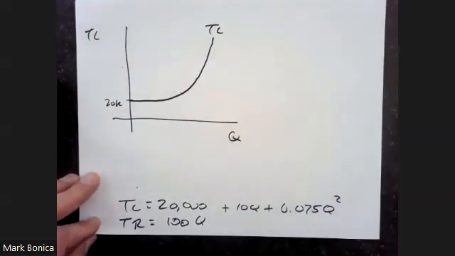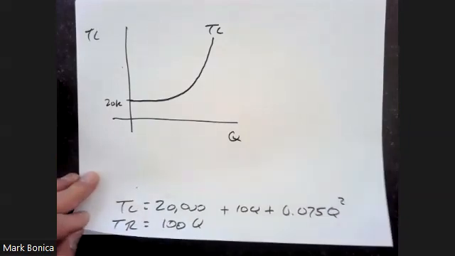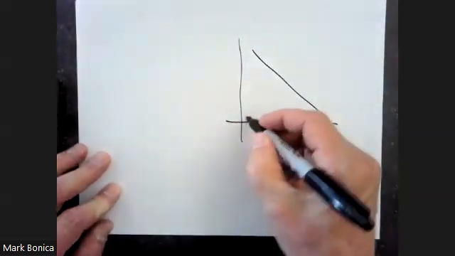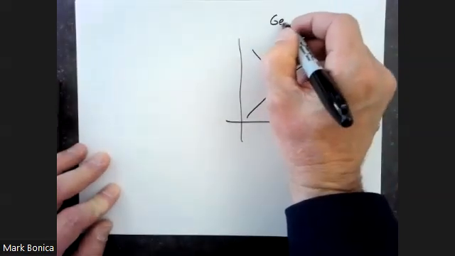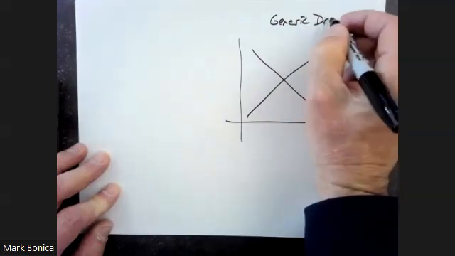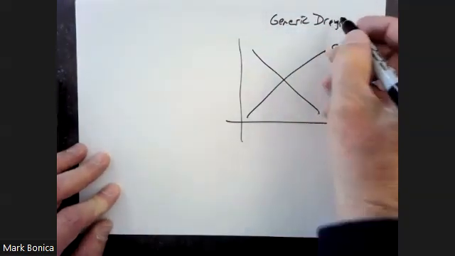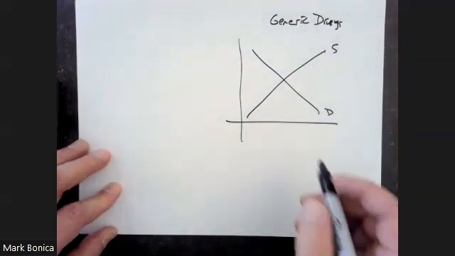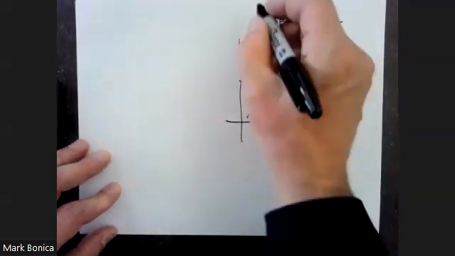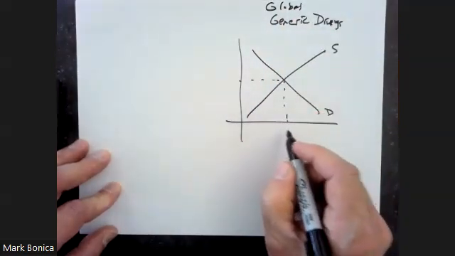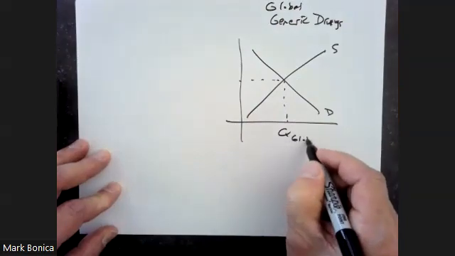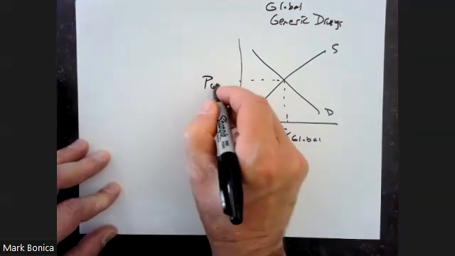Last time we talked a bunch about commodities and this really big market, like a global market for generic drugs, generic ibuprofen, perhaps the simplest generic drug. We'd have our quantity global and our P global.